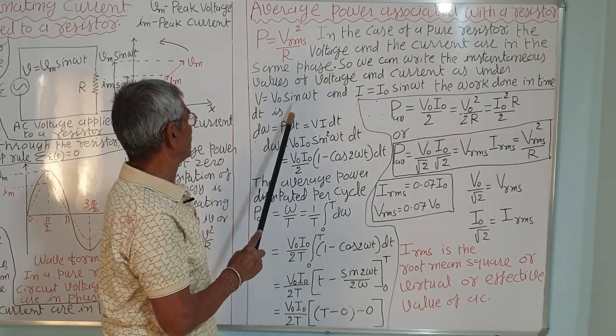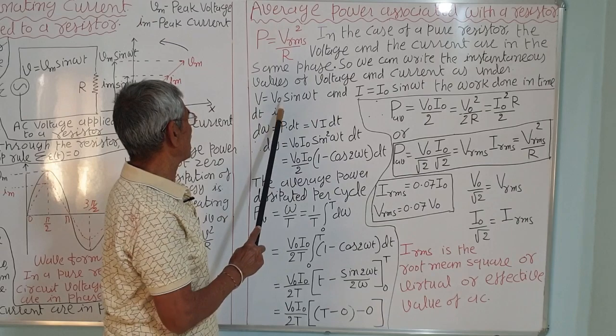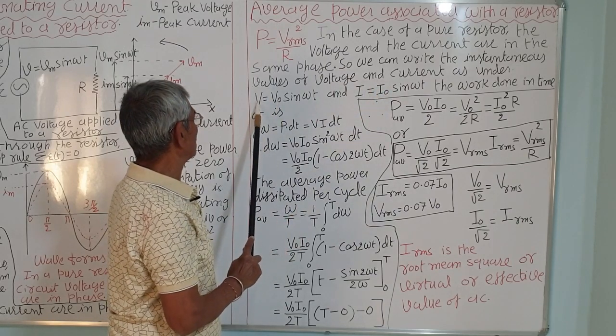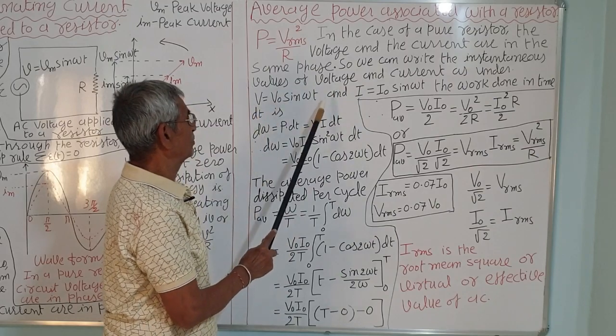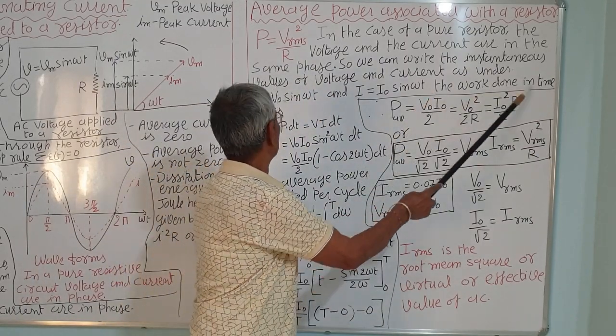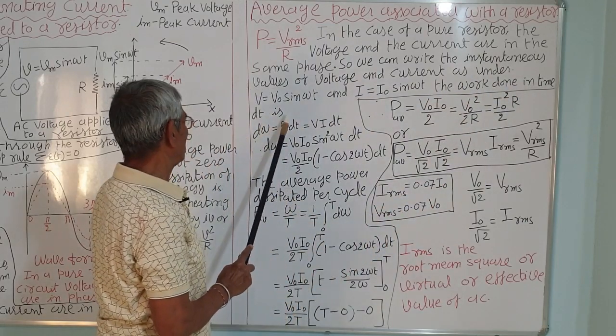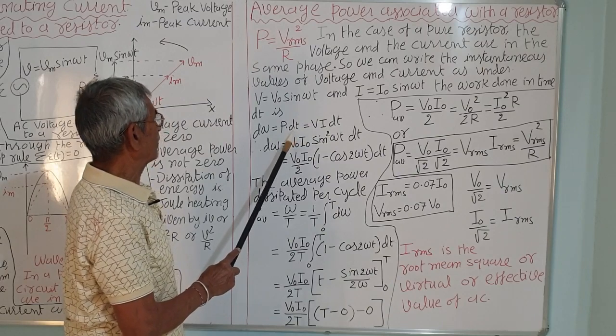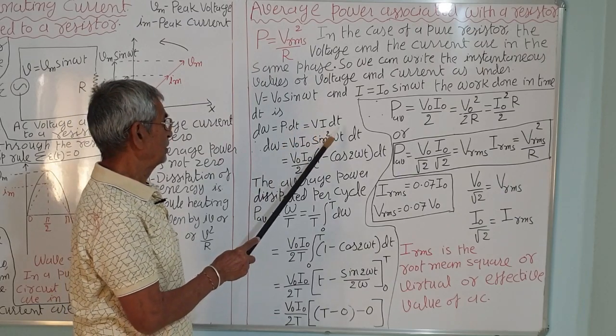So V is equal to V0 sin omega t, you know this is maximum. So current and voltage change as a sine function, sinusoidally. The work done in the time dt is dW is equal to power into time. So power is equal to voltage into current into dt.